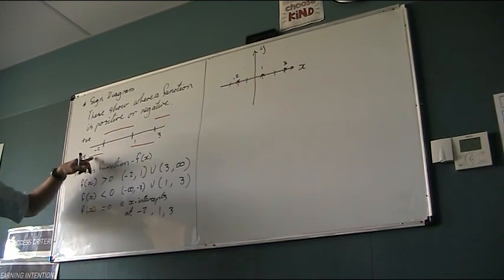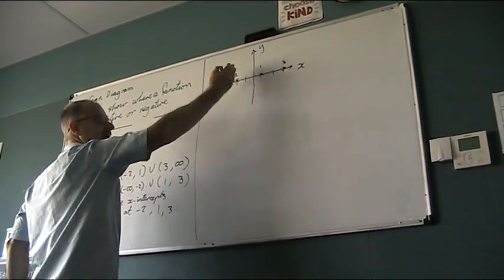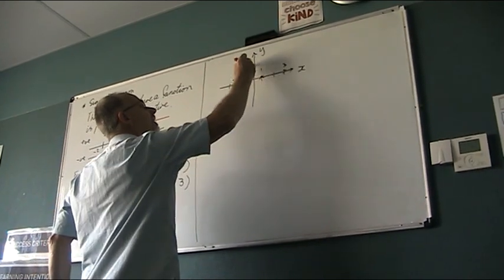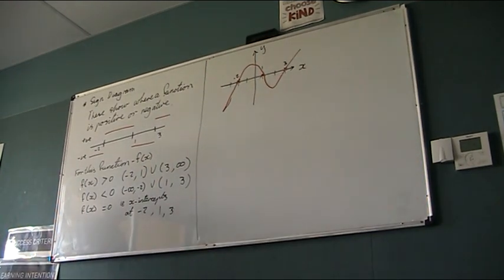It's less than 0 down here, so negative infinity to -2, so it's below the axis here, so it's coming up, going down, coming back up. That's what it looks like.